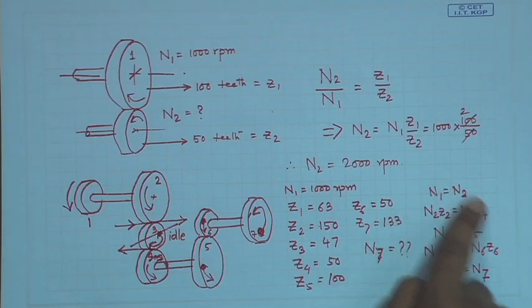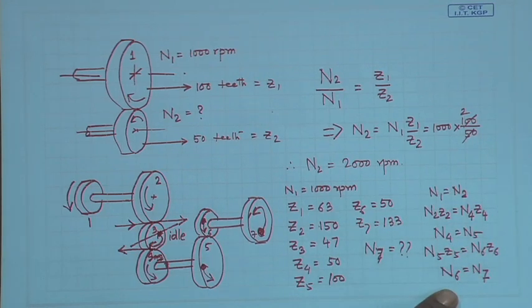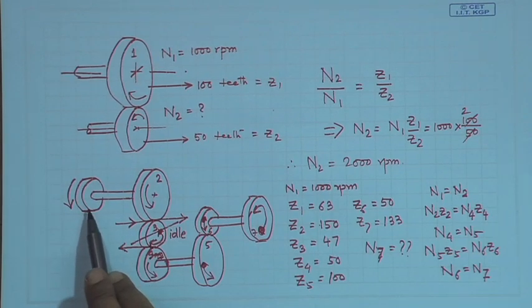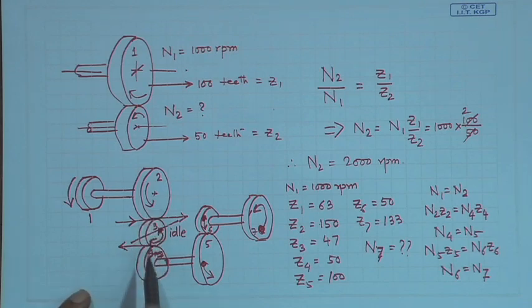Now, is it really painstakingly you have to go through this one? Once you are experienced with this and once you find out that the number of teeth that I have given are very simple values, you can quickly calculate as well. 1000 rpm. What is the number of teeth ratio in Z2 and Z4?